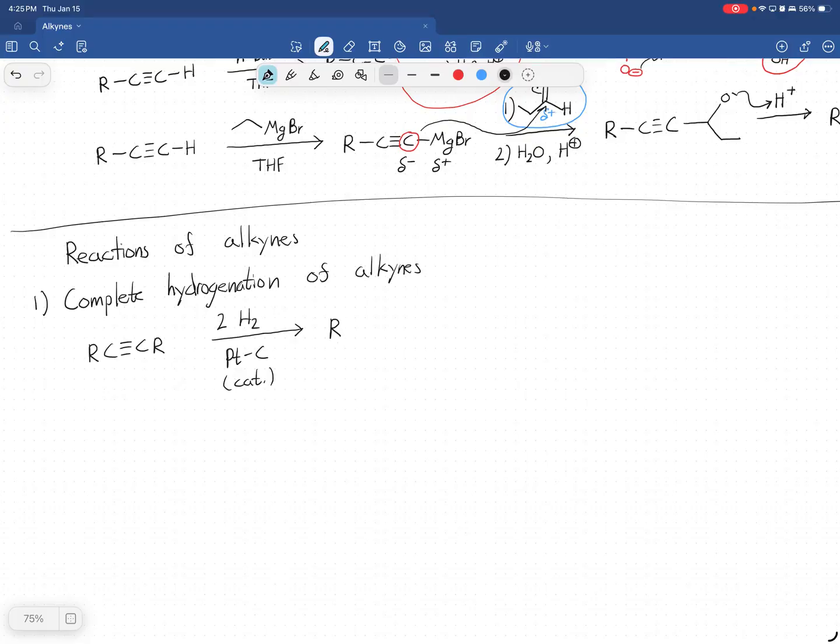Not the double bonds, but the multiple bonds. So what's going to happen to the triple bond if I react each of them, if I add two equivalents of H2? Yeah.